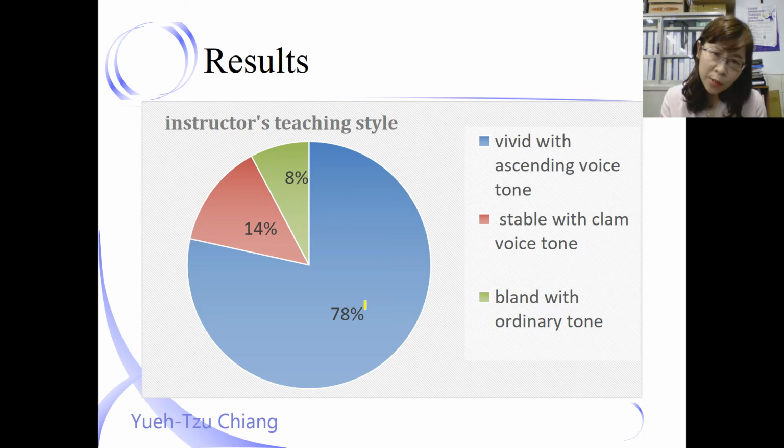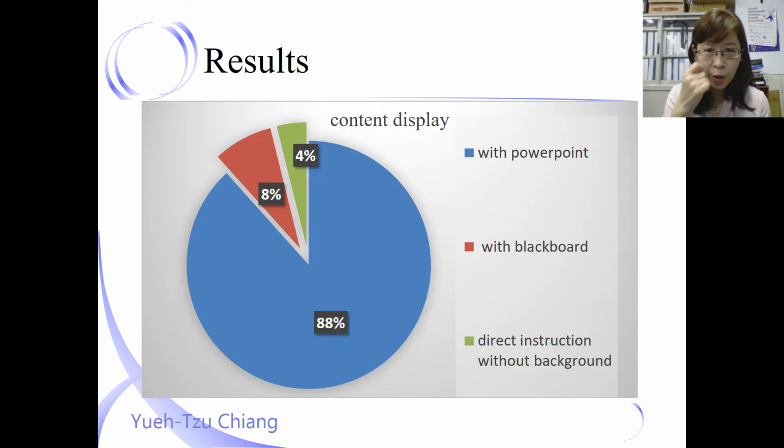Almost 80% of students prefer the instructor's ascending voice tone with lively gestures, or vivid with ascending voice tone. And about the content display, 88% of students prefer the PowerPoint style with the content.